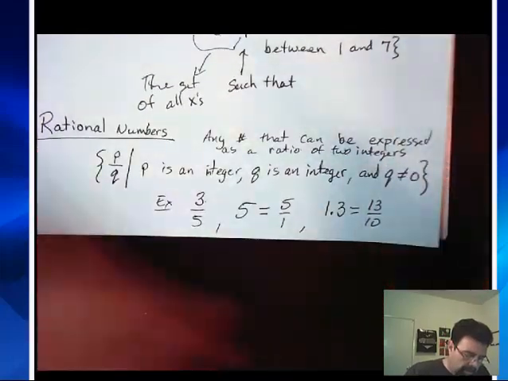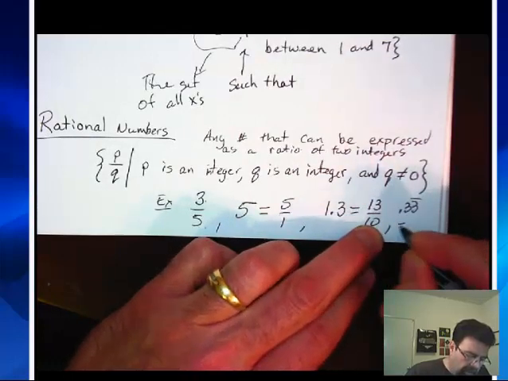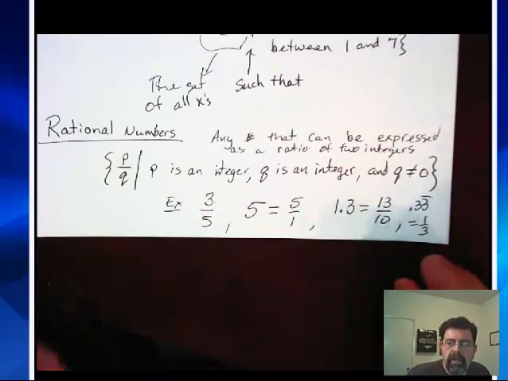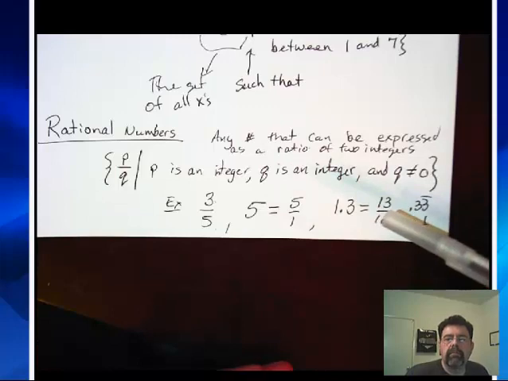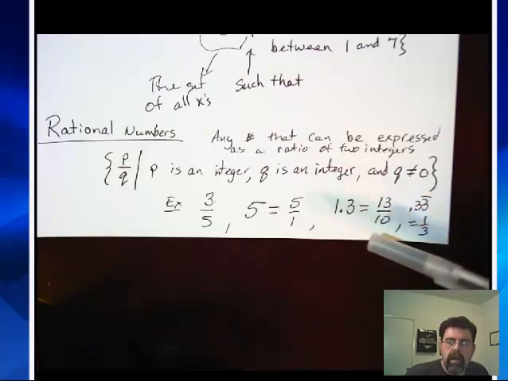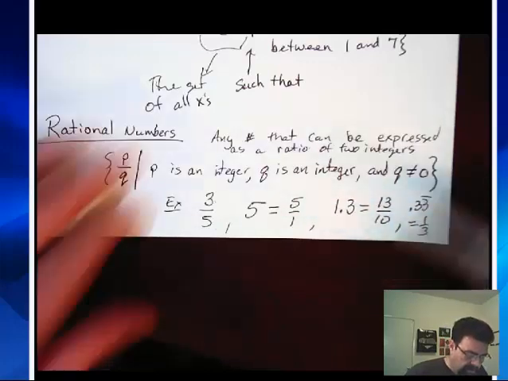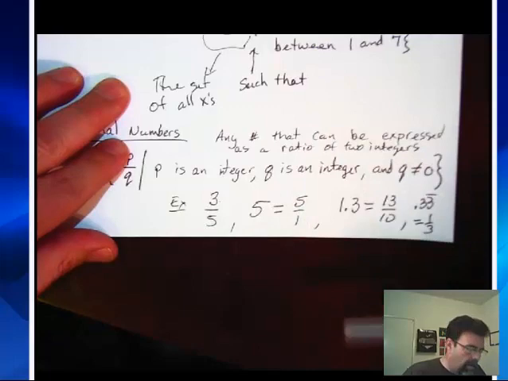And 0.3333 forever, well, we know that's 1/3. So basically any repeating or terminating decimal number can be written as a fraction, so it's also a rational number. Okay, so fractions, ratio of two integers.